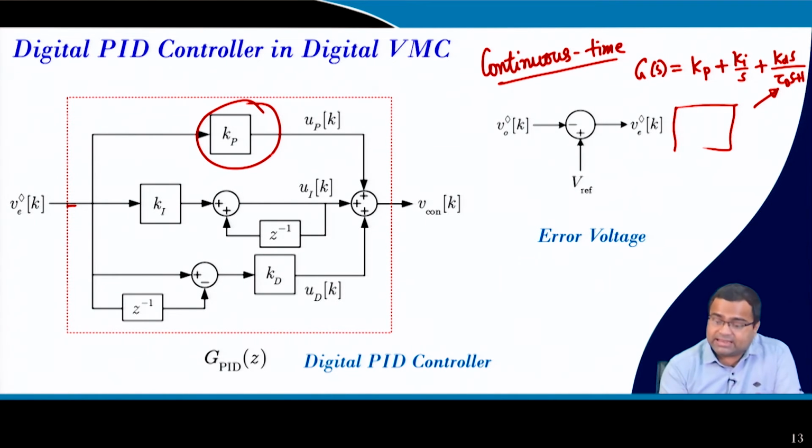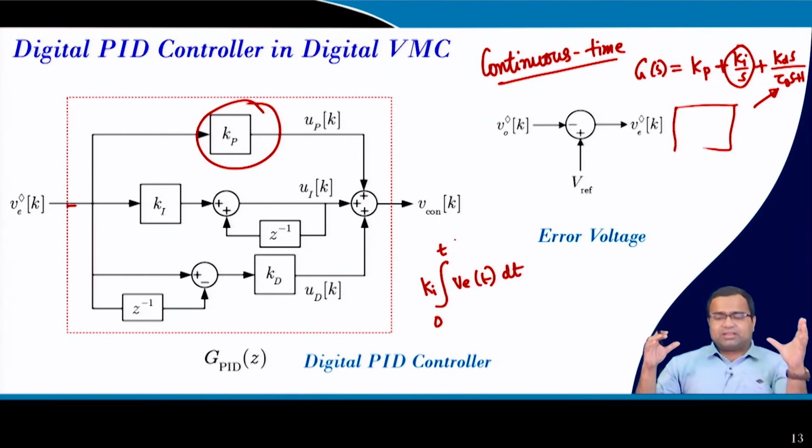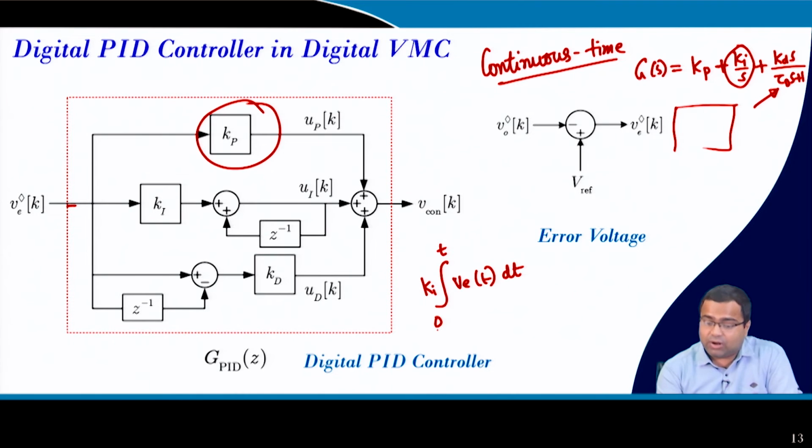Now, in the case of the integrator, if I take the time domain, it is simply Ki times the integral of the error voltage, and you can start from 0 time and move on, assuming that at 0 time there was no initial condition, or even if there is an initial condition, that can be taken care of.